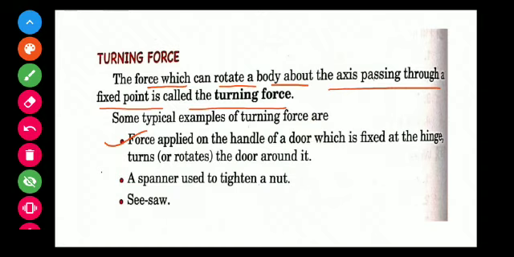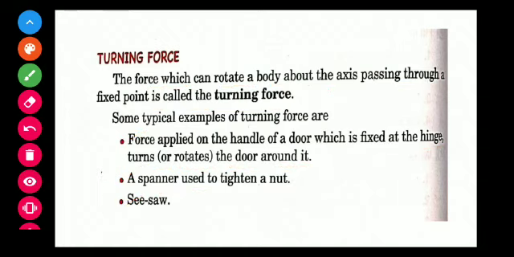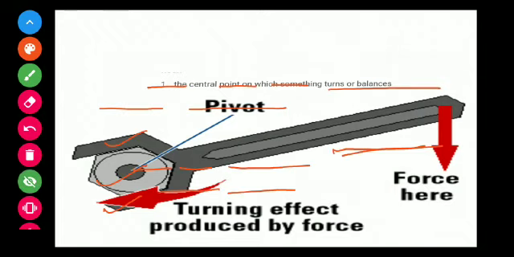If we apply a force on the handle of a door, then the door rotates about a fixed axis of a door which is fixed at a hinge, turning or rotating the door around it. Second, a spanner used to tighten a nut. Third example, seesaw. These are the examples.